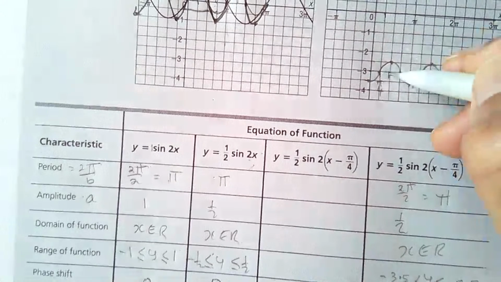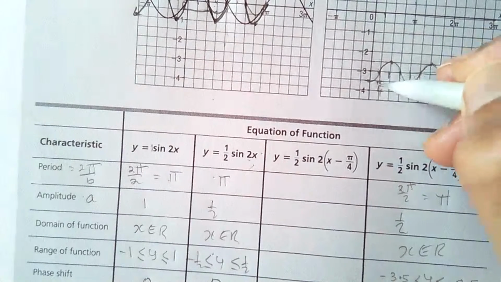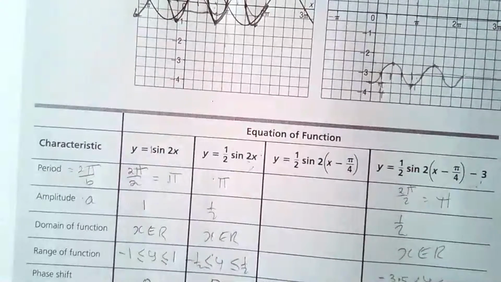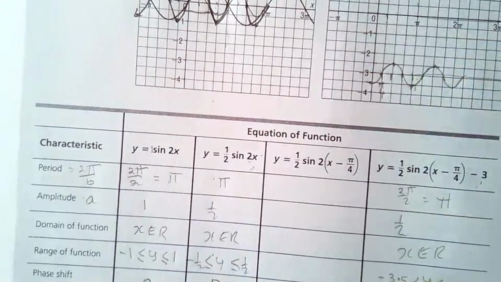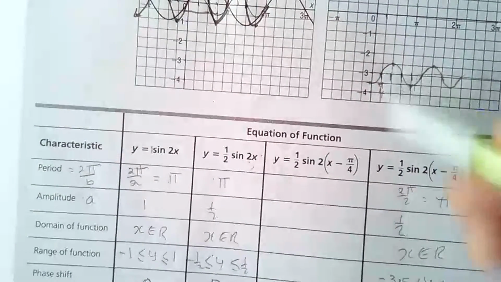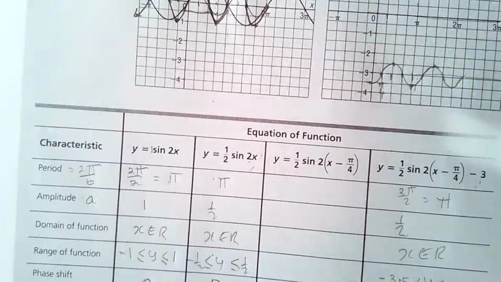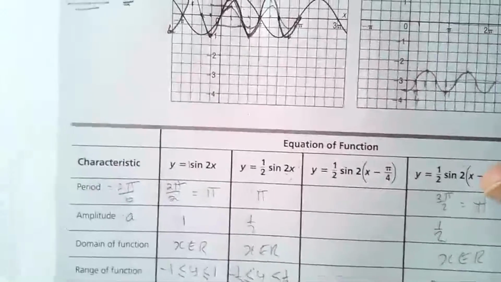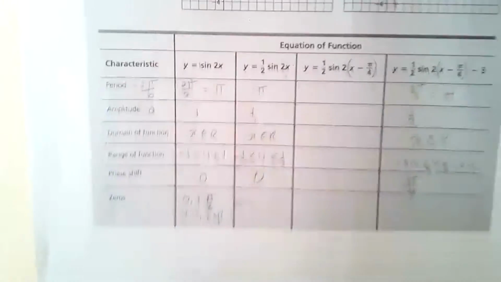Notice the zeros are now a quarter pi. Right, so by the way, the phase shift would be pi/4. Sorry, if the phase shift is pi/4, now the zeros, there's none. Go back here. Let's zoom out a little bit here.